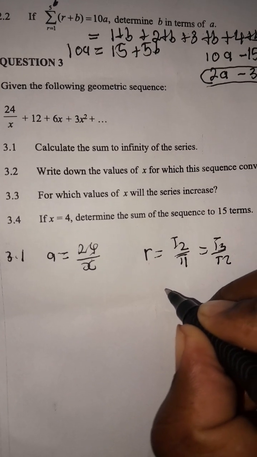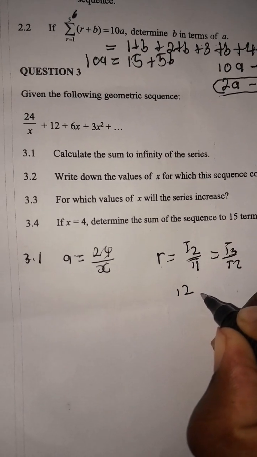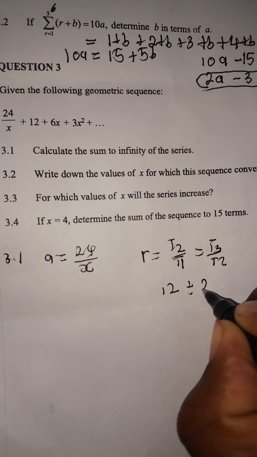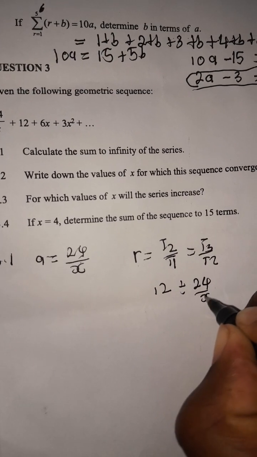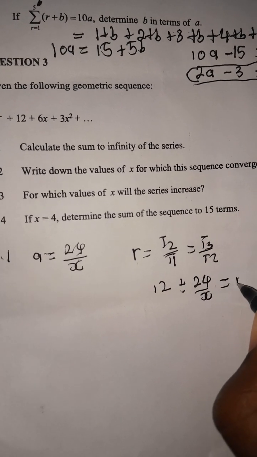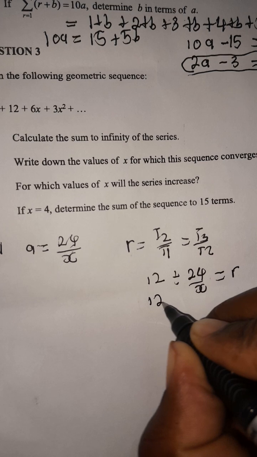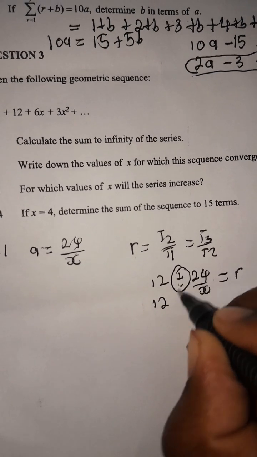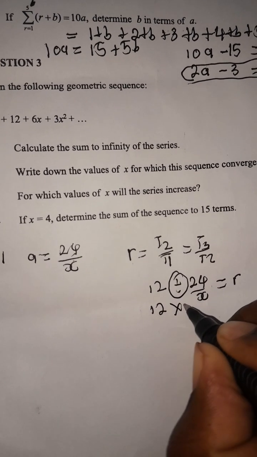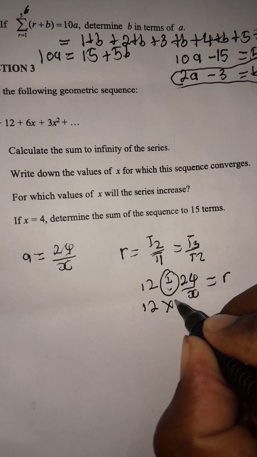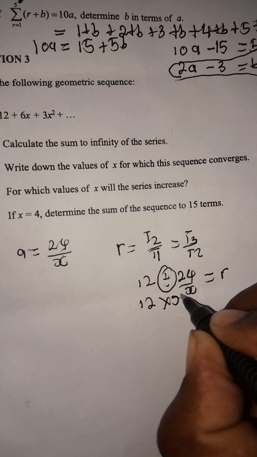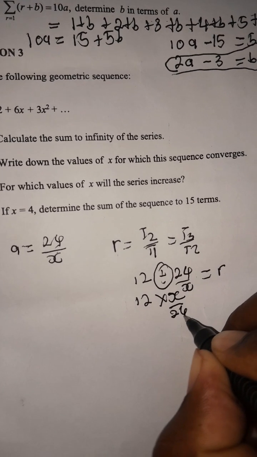So in this case, meaning that 12 divided by 24 all over x, right? So that will be r. That will be the reciprocal. That will be 12 times x all over 24 here.